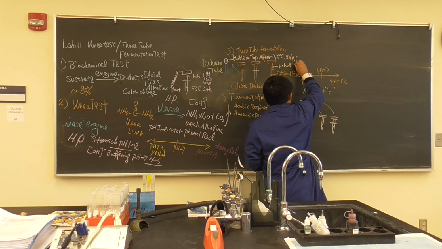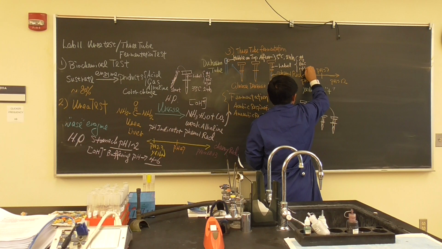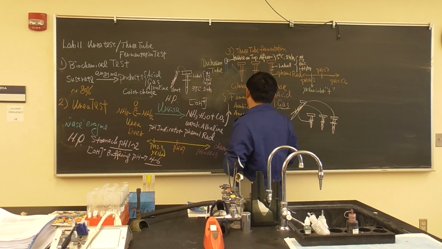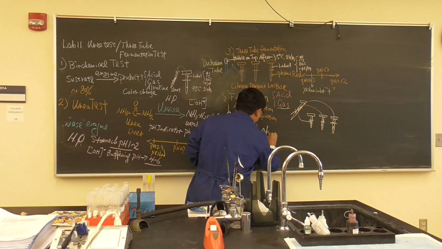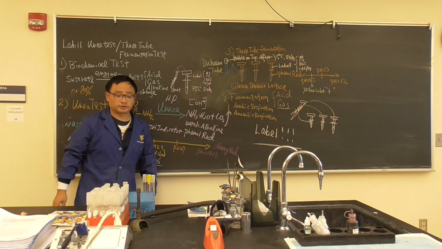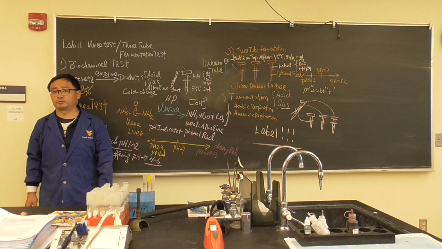The label will encode bench number, initial, bacteria name, and also the date. Always remember, this is extremely important, because otherwise on Thursday, you're going to spend 30 minutes to find your tube.